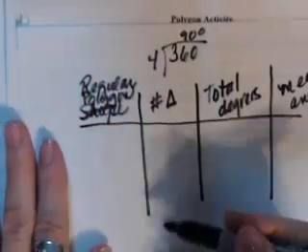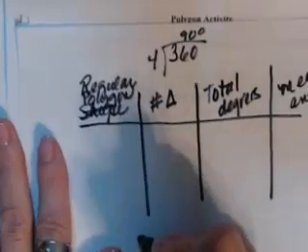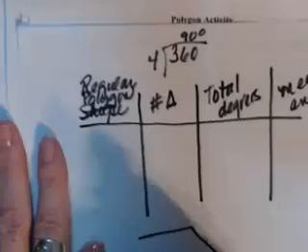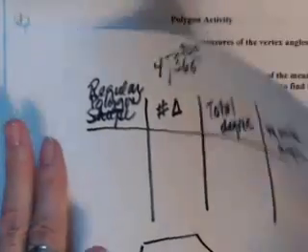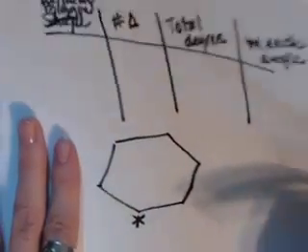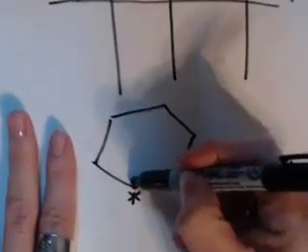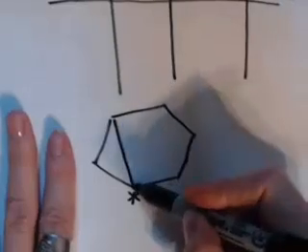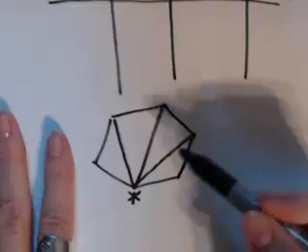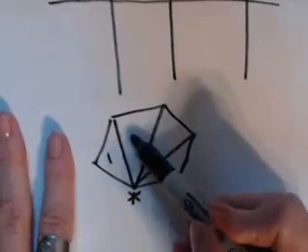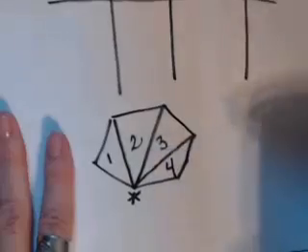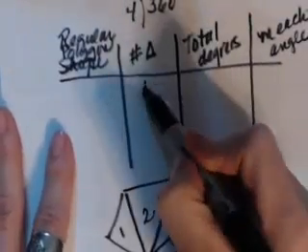Alright, so let's say that I give you a hexagon. You begin at one vertex and you draw all possible diagonals from a single vertex. You count the number of triangles that you have. So there would be 4.